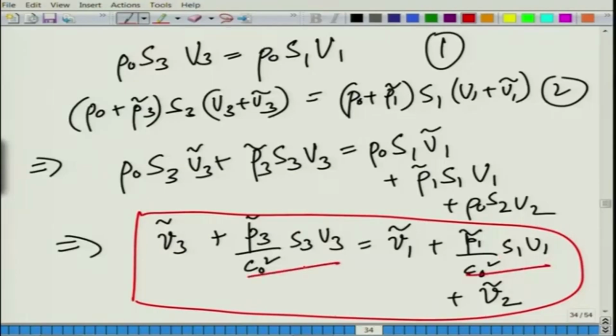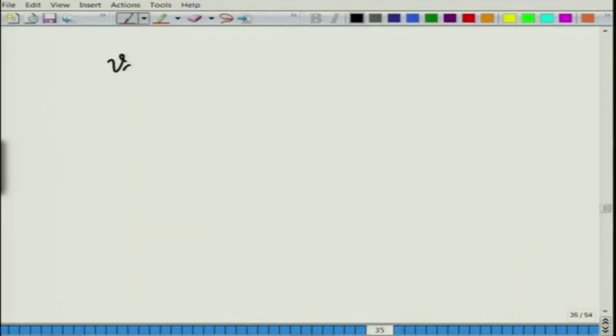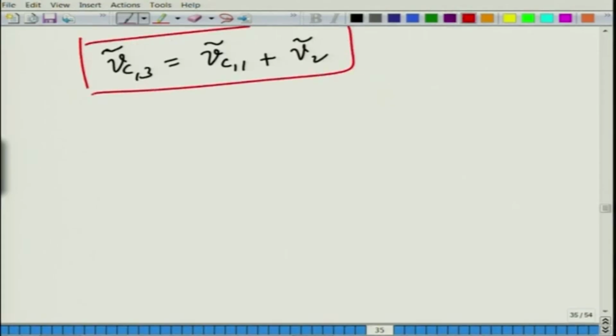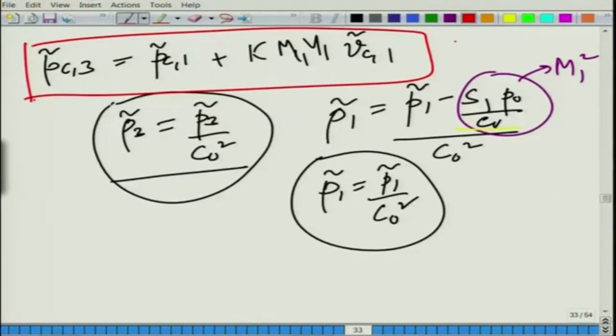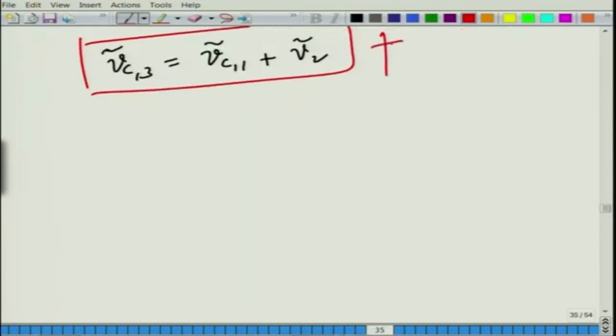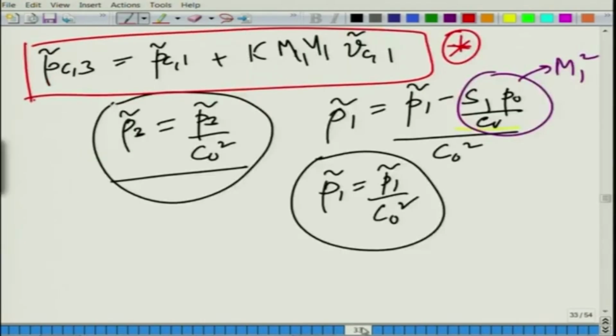So, basically we are in a good position to write these as VC3 is equal to VC1 plus V2, the convective state variables. So, you see we have got these. This one, the other equation was this one, let us call this star and let us call this cross.